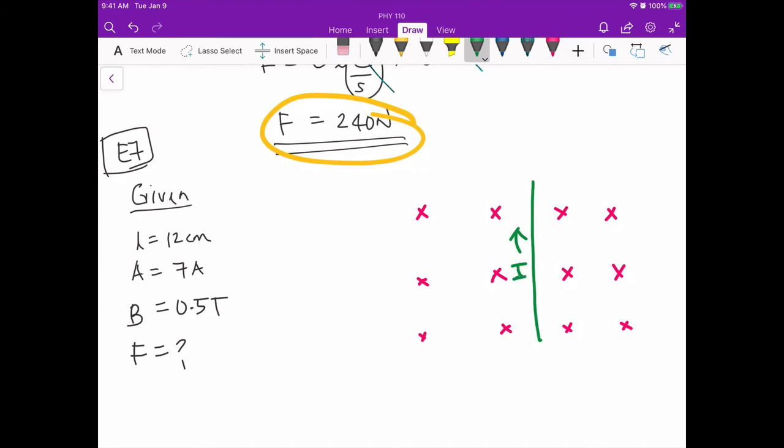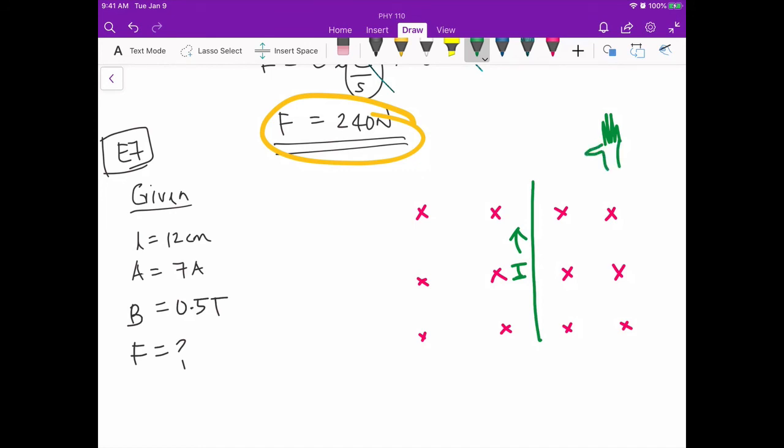Then by applying the right hand rule, your four fingers are aligned like that, your palm is facing away to represent the magnetic field, and your thumb will be like this, right?